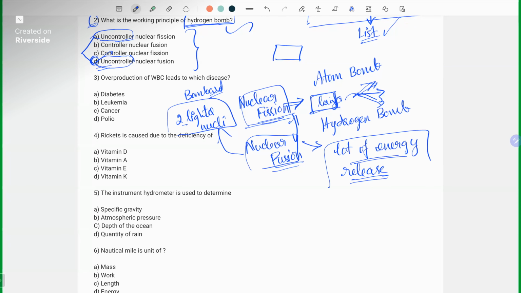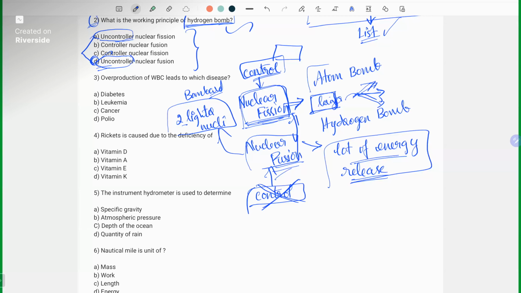Okay, and we now have the capabilities and facilities to control the process of nuclear fission, but we still don't have the equipment. We are still not equipped to control fusion. Fusion is still in the experimentation phase to be controlled.